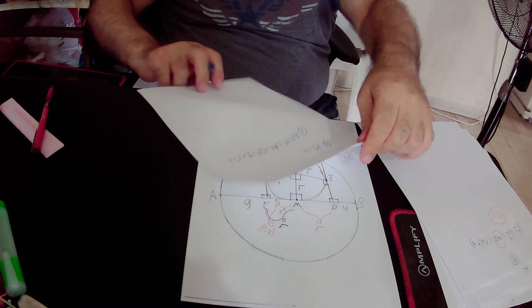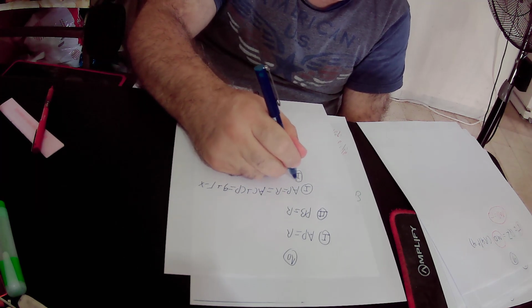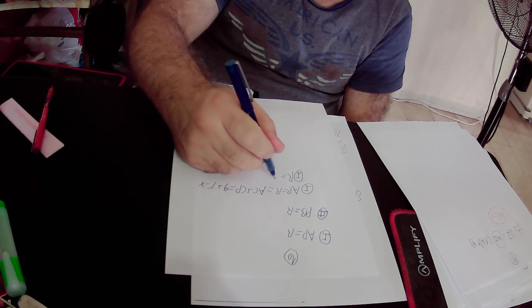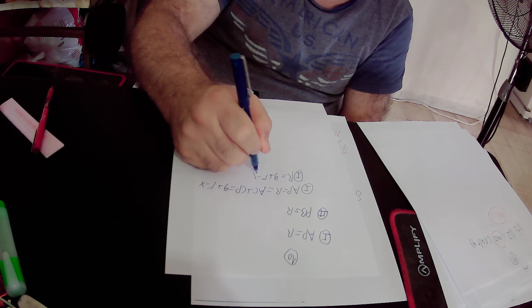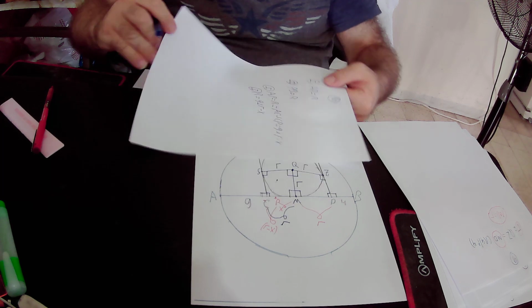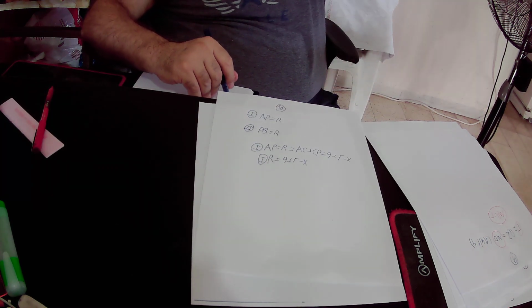Okay, so I'll write it again. The radius of the big circle equals 9 plus small r minus x. Okay, we got the first expression in the question for the radius of the big circle.